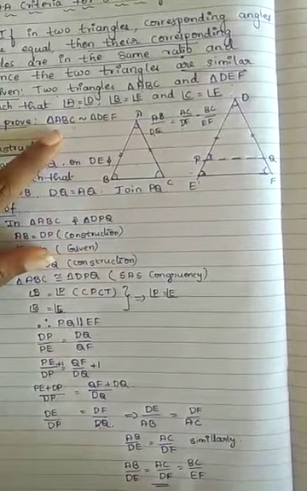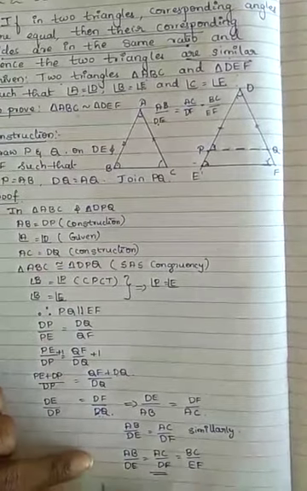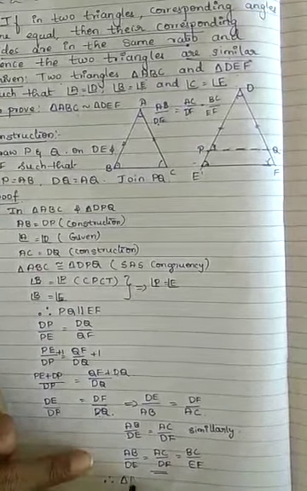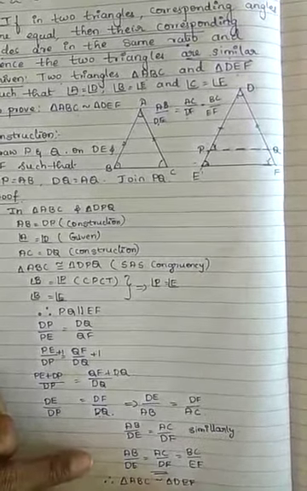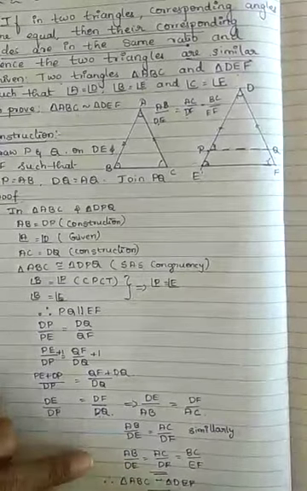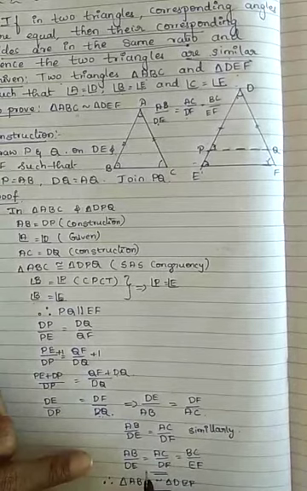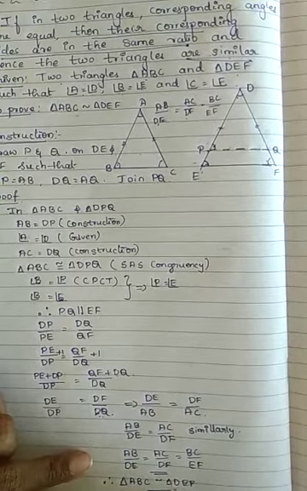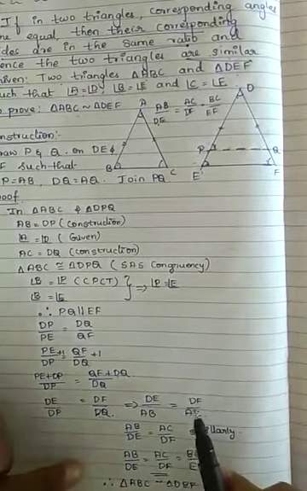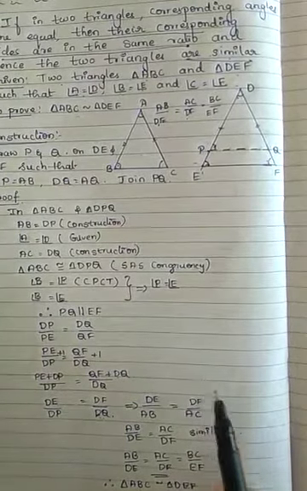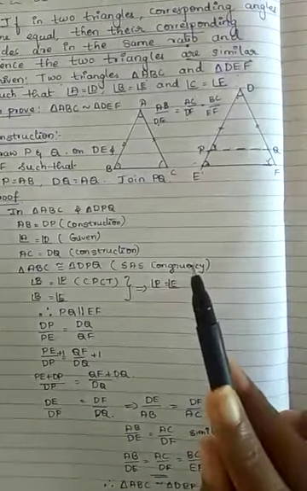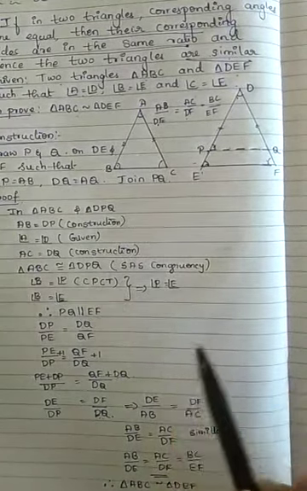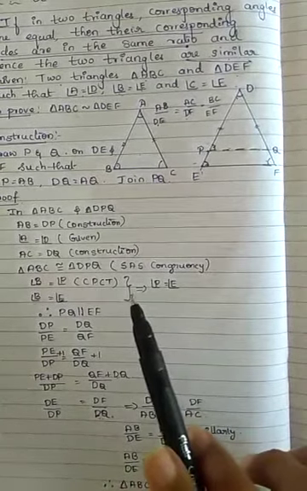Hence you can say that triangle ABC is similar to triangle DEF, because corresponding sides are in the same ratio. Understood this? So you have to learn this criterion and its proof, and the homework is to write this criterion and its proof once in your notebook.